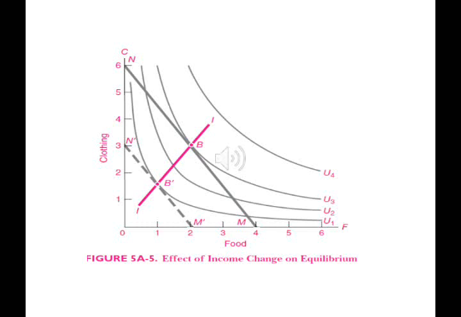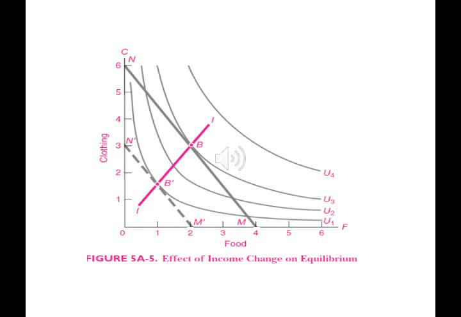So now, in order to get the horizontal intercept, it will be 3 divided by 1.5, which is equal to 2, at point M prime, and the vertical intercept will be 3 divided by 1 equals 3, which is at point N prime. Connecting the new vertical and horizontal intercepts, we form the new budget line of our consumer.